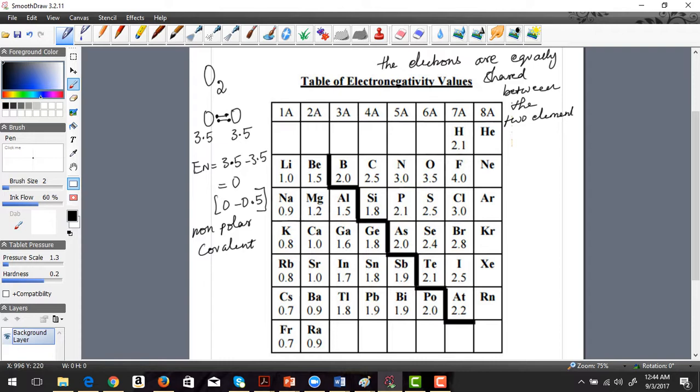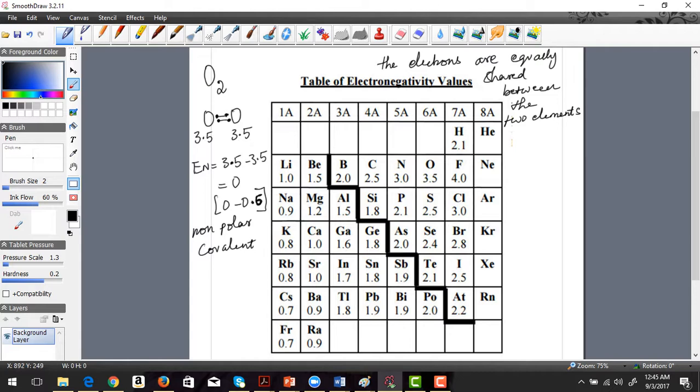If the value is between 0 and say 0.5, okay, I'm actually going to make it 0.6, because it's not that much difference. I will go back and change it, but for now just think of it as 0 to 0.6 instead of 0.5. Not that it makes a huge difference, but the electrons are equally shared between the 2 elements, okay. So that is non-polar covalent, okay.